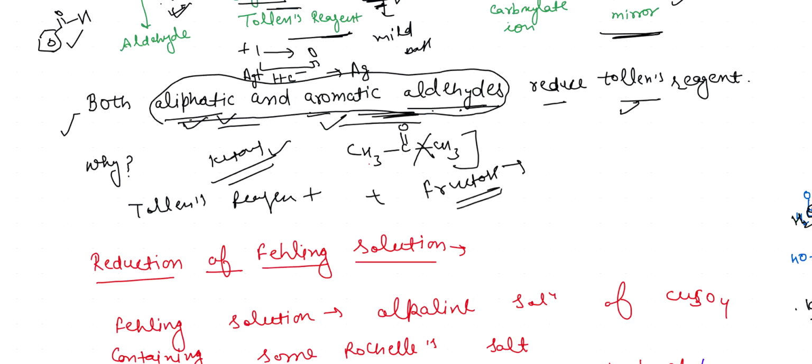I have already explained the reason why it is oxidized. Clear? So Tollens reagent is reduced and aldehydes and ketones are oxidized, and the ketone which is fructose, only this ketone is oxidized.